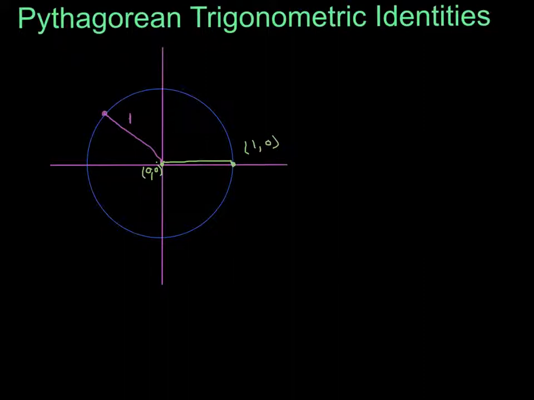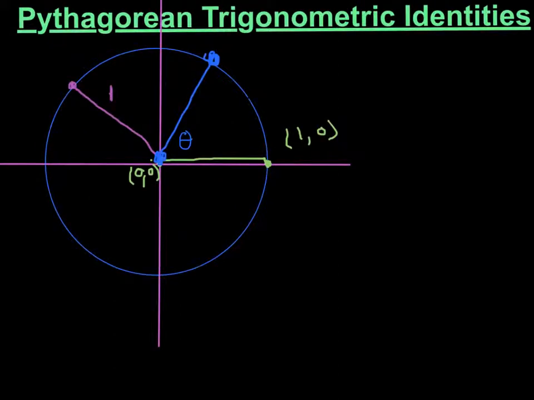So I'm going to draw an angle coming out from my center. That angle is going to be theta. I know that this radius is 1.